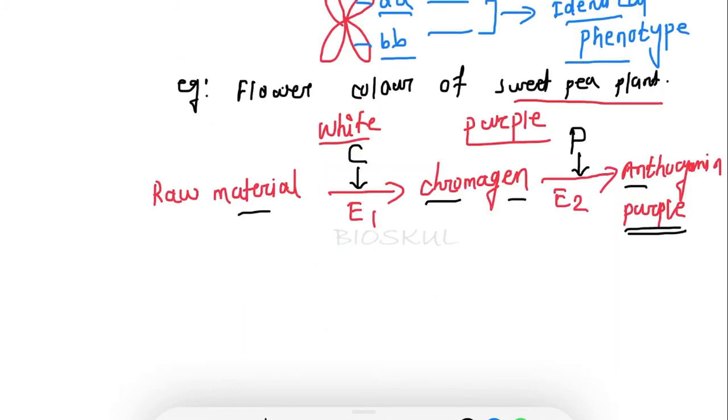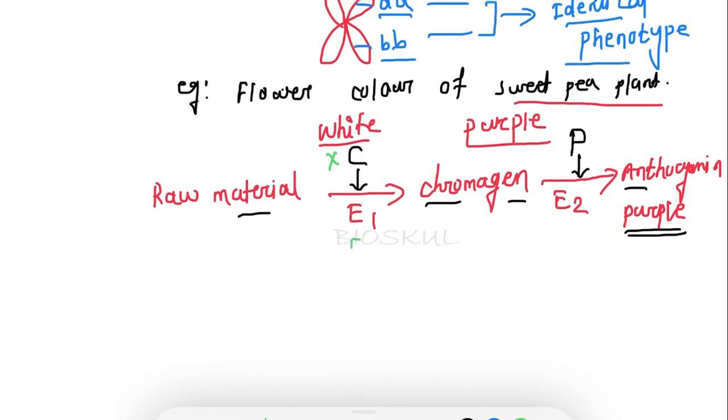Let's say the dominant form of gene C is absent. The dominant form may be present in homozygous or heterozygous condition, but here it is absent. Instead, the recessive form, small c, is present.